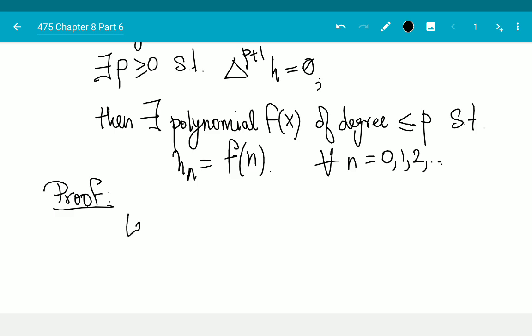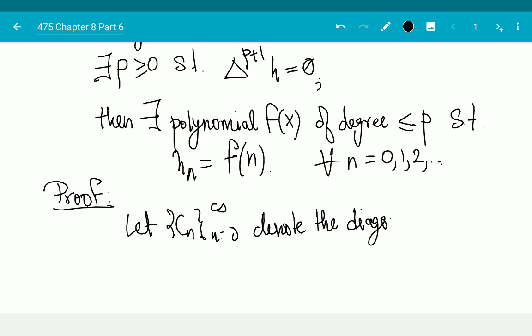Proof. Let Cn, n equal to 0 to infinity, denote the diagonal sequence for H. Okay.